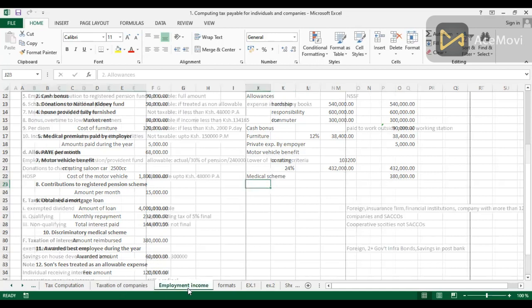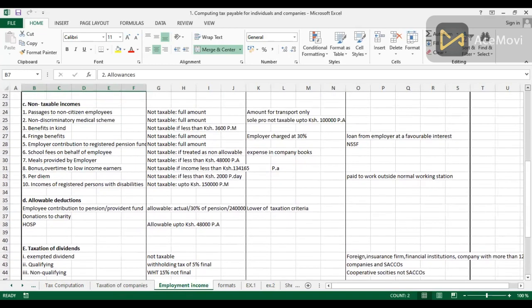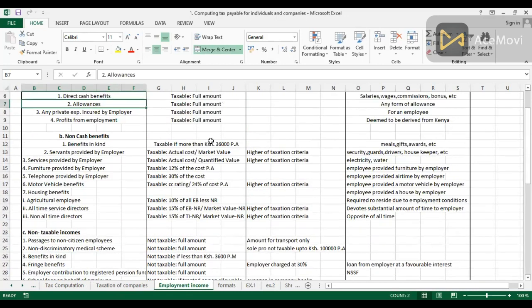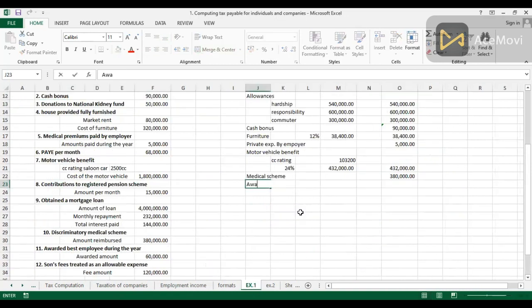And if you confirm here, that has the non-cash benefits here, taxable if more than 36. So that one will be taxable. So award, and it will just go as it is, equals the 60 there, enter.